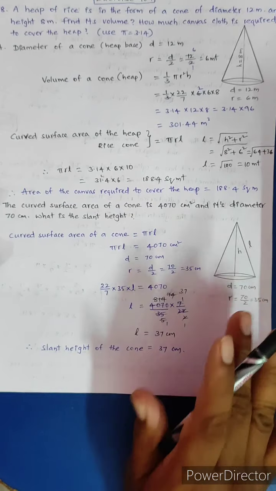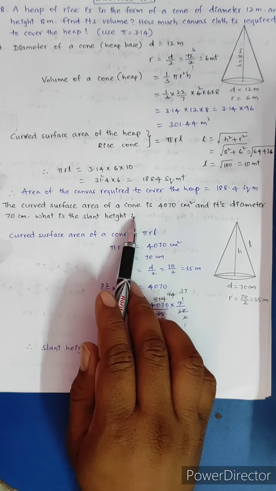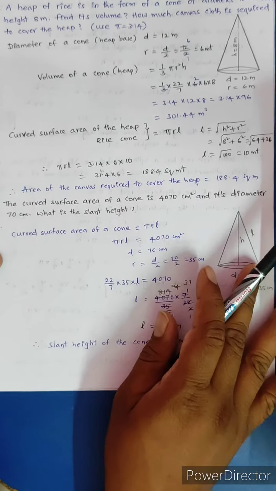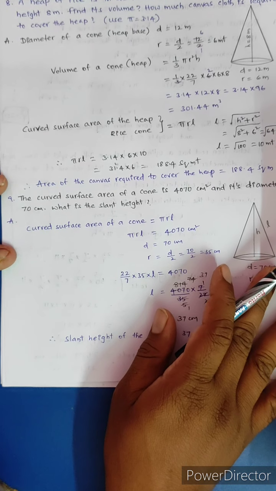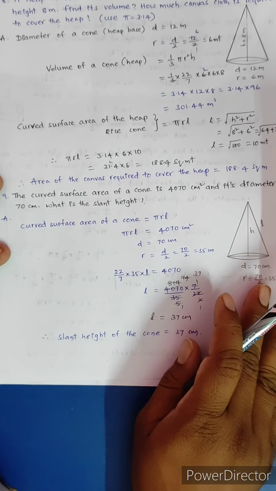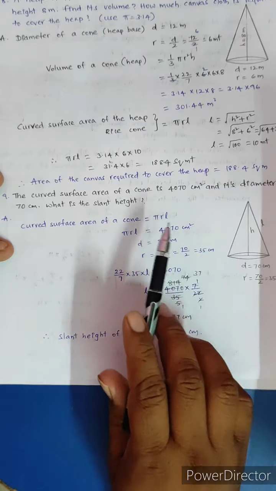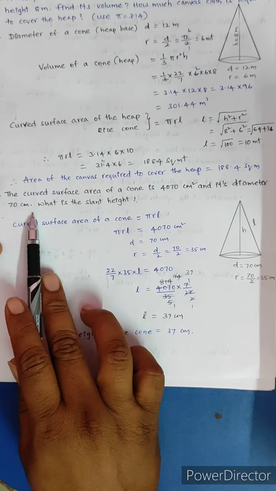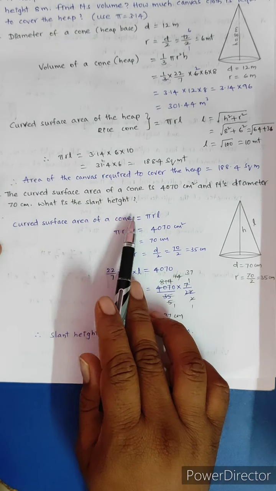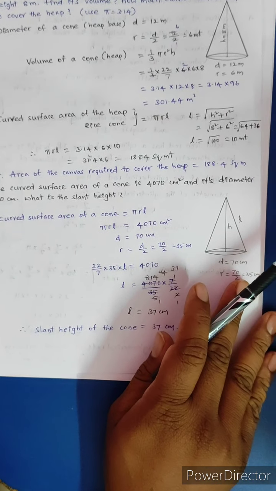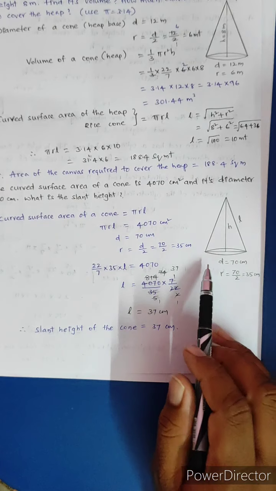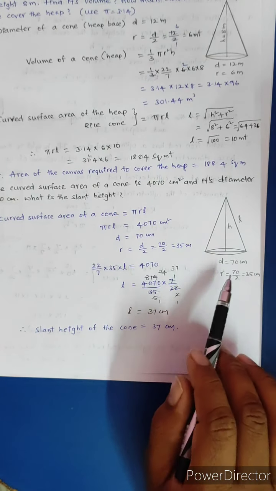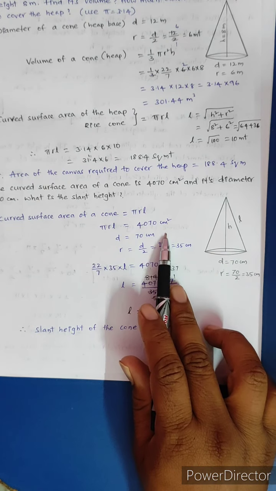Next, the ninth problem. The curved surface area of a cone is 4070 square centimeters and its diameter is 70 centimeters. What is the slant height? See, this is a diagram. The curved surface area is given as 4070 centimeter square.